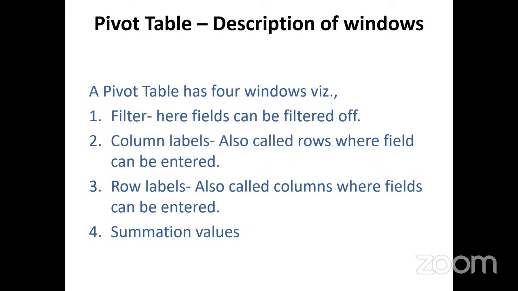Then also we have a window for column labels and row labels. So we can drag and drop all the fields either in the column window under the column labels or under the row labels. Now in the window having summation values, we can get a sum total. It starts with a summation sign, sigma sign, where we can have the summation values.